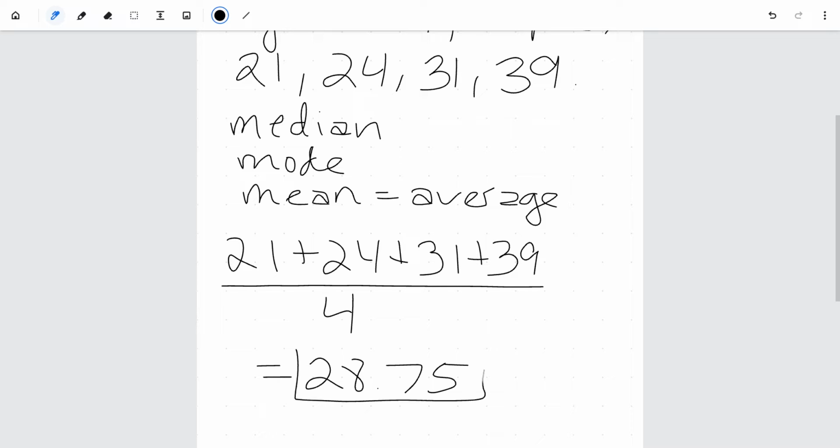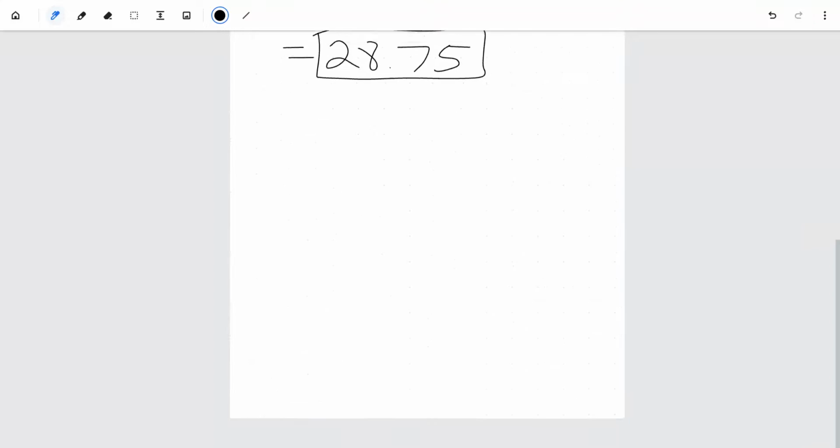And so, as you can see here, 28.75 kind of sits right in the middle of all of these 4 ages, and so that's why it is a good number to know how to calculate, because across a population of people with a bunch of different ages, we can kind of sum up their average age and make useful decisions about that population.